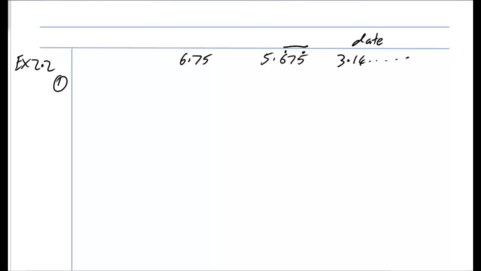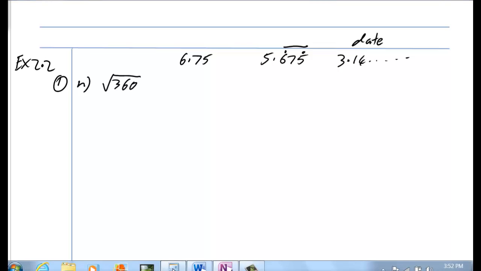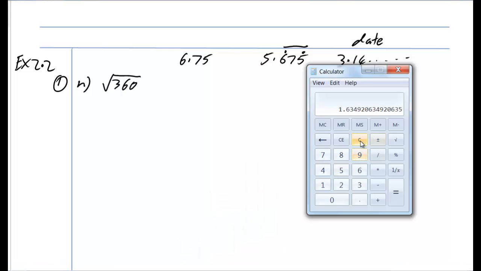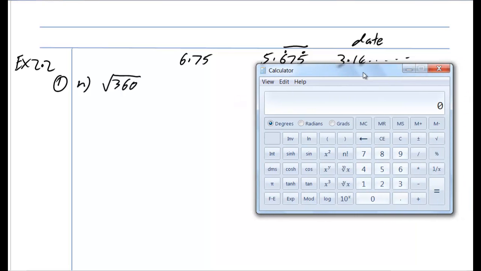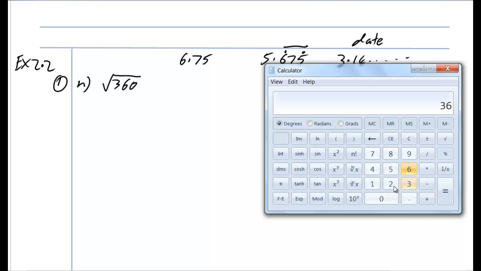All right, so let's do n, the square root of 360. So if you get a calculator out, let's get a calculator. We need a better calculator than that one. Let's go to the scientific calculator. 360, and you want to square root it. Where is it? Square root.